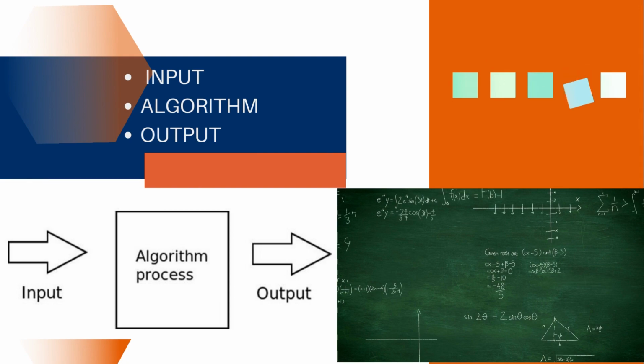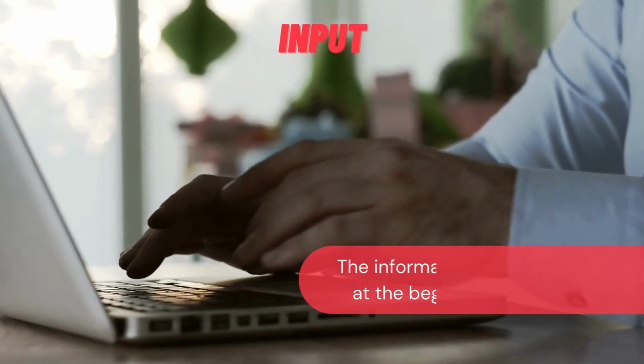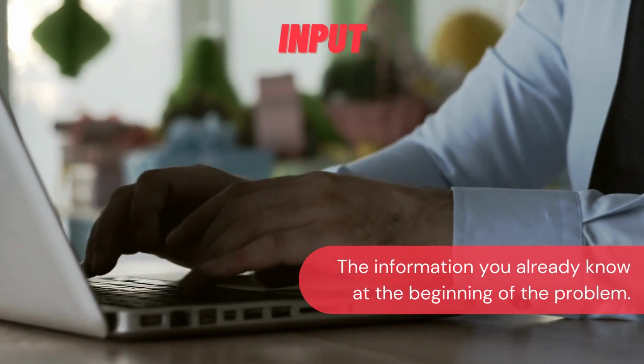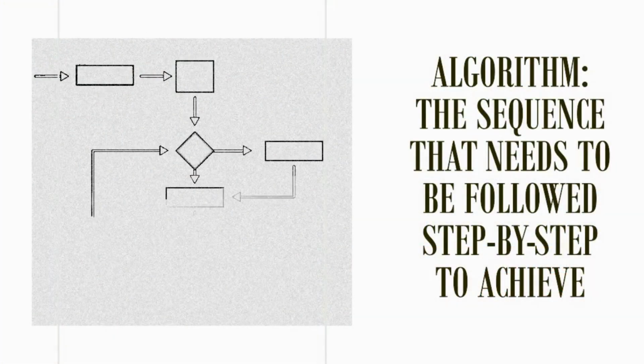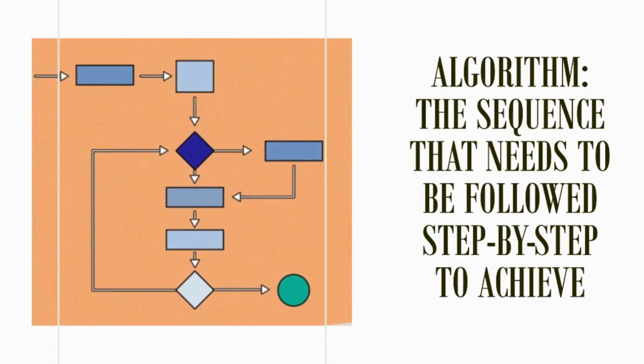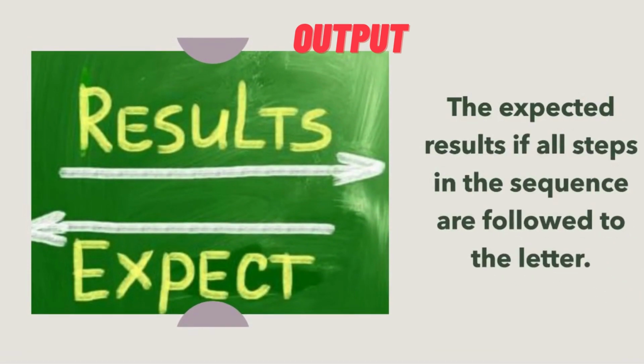It can be broken up into three broad components: input, algorithm, and output. Input means the information you already know at the beginning of the problem. Algorithm means the sequence that needs to be followed step by step to achieve the result. Output means the expected results if all steps in the sequence are followed to the letter.